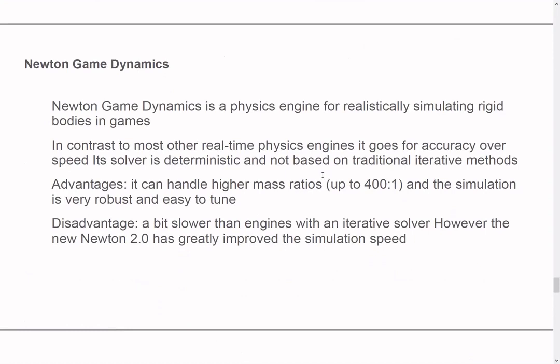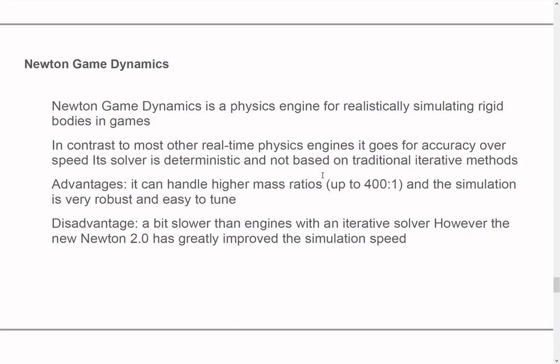Okay, so Newton Game Dynamics is actually a physics engine for realistically simulating rigid bodies in games. In contrast to other physics engines, Newton Game Dynamics goes for accuracy over speed.